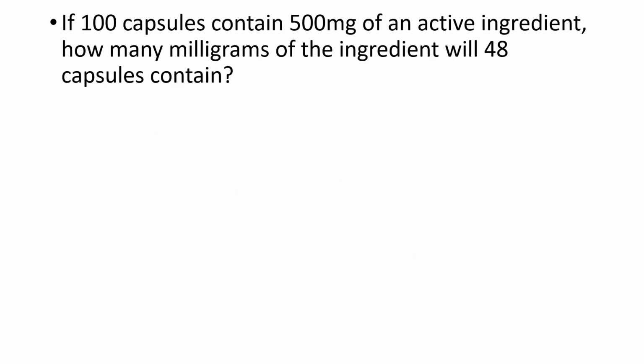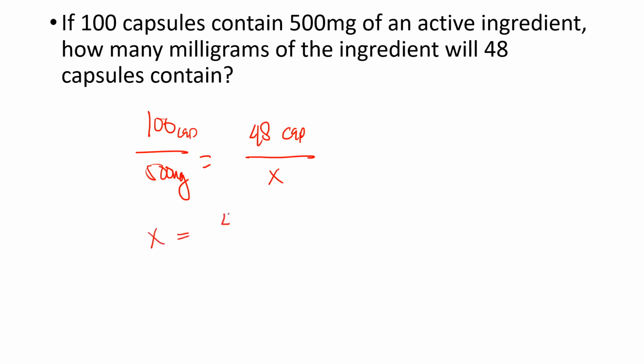If 100 capsules contain 500 milligrams of an active ingredient, how many milligrams of the ingredient will 48 capsules contain? So if 100 capsules is to 500 milligrams, how much will 48 capsules contain? So the x is on the bottom. Let's rearrange. X equals 48 times 500 over 100.